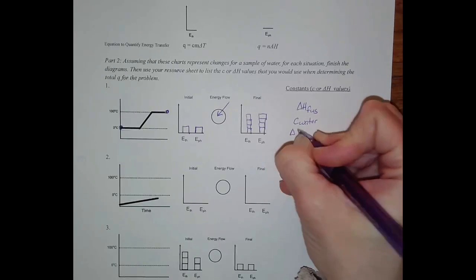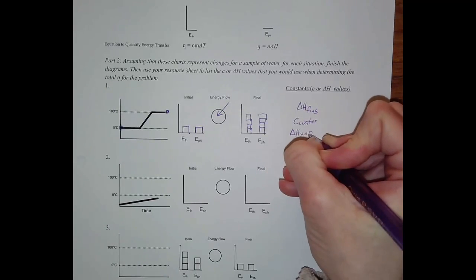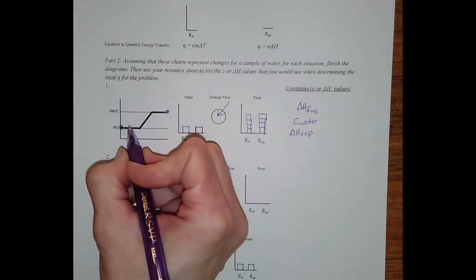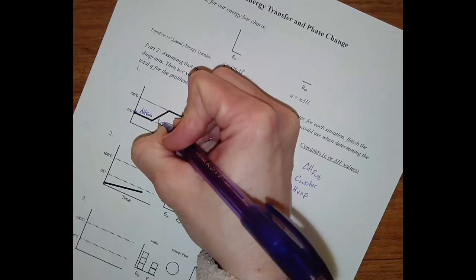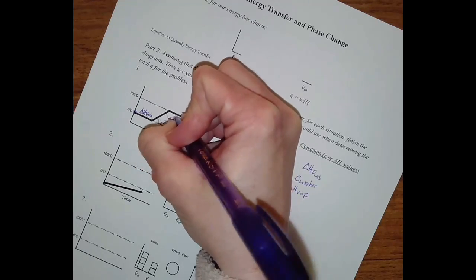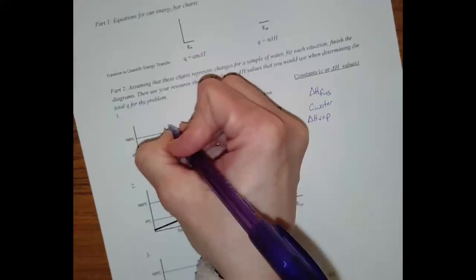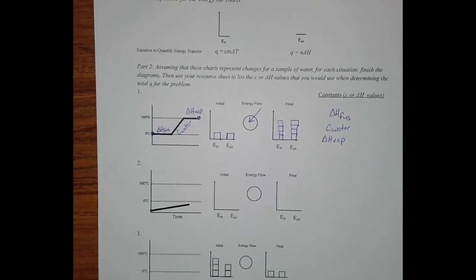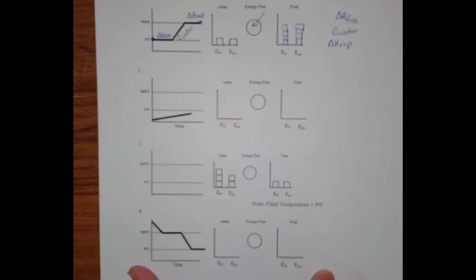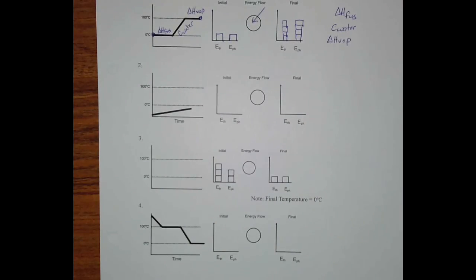And we're going to need delta H of vaporization. Where the heat of fusion gets us along here, the specific heat of water gets us up the slope, and the delta H of vaporization moves us along there. Okay, work with your team and fill in the rest of those.